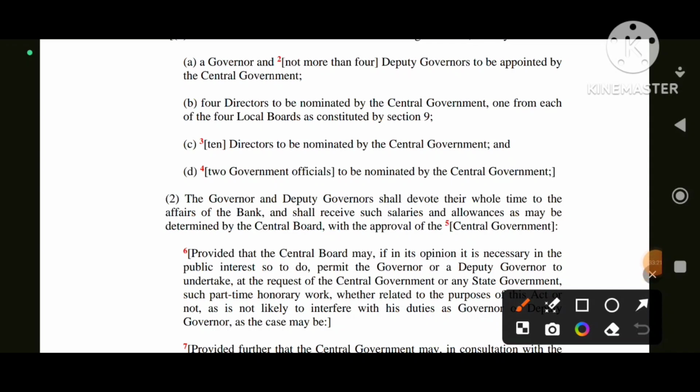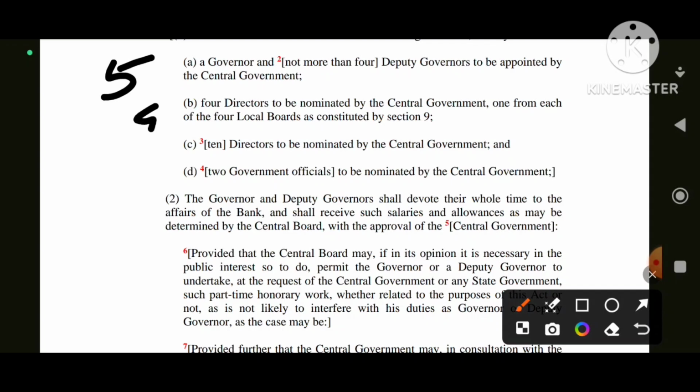So as per clause A, one governor and not more than 4 deputy governors, so total 5. Then as per clause B, 4 directors to be nominated by central government, one from each of the 4 local boards. There are 4 local boards, so from each local board one director will be nominated, so total 4.